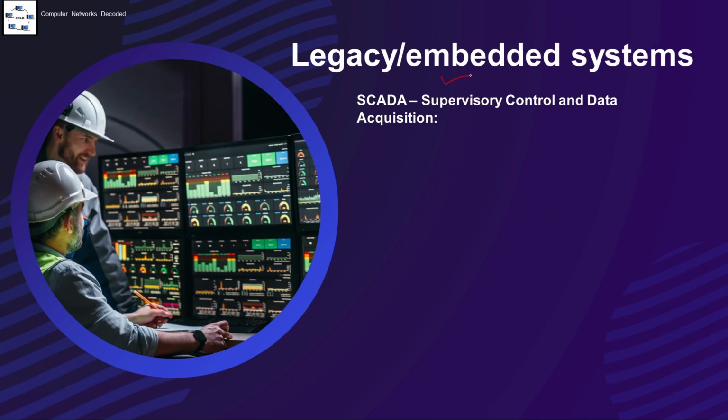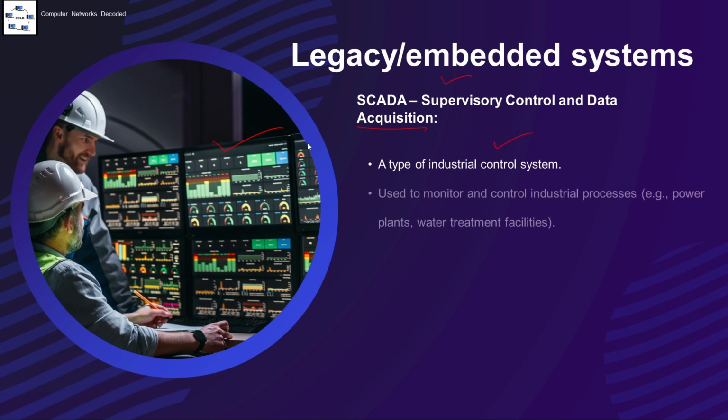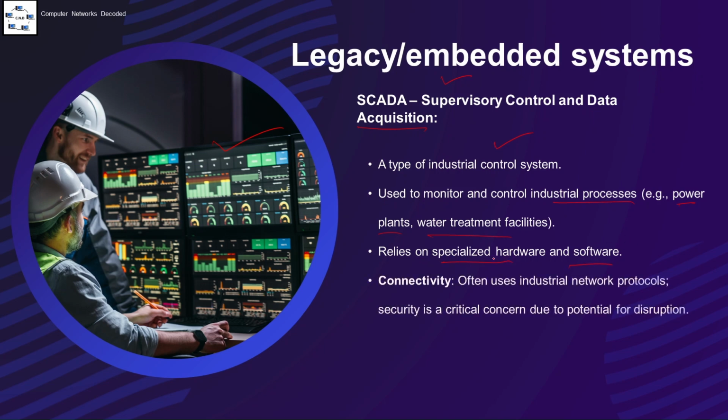So one of these systems is the SCADA, that is supervisory control and data acquisition. This is a type of industrial control system. It is used to monitor and control industrial processes such as power plants, water treatment facilities, nuclear power plants, etc. It basically relies on specialized hardware and software.